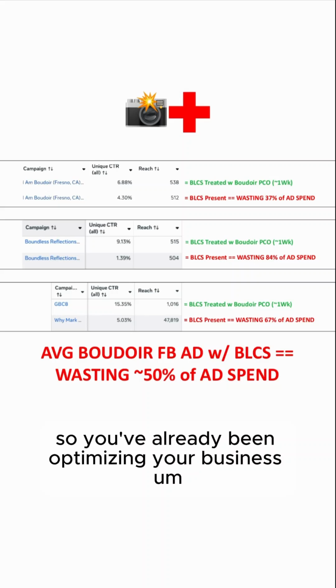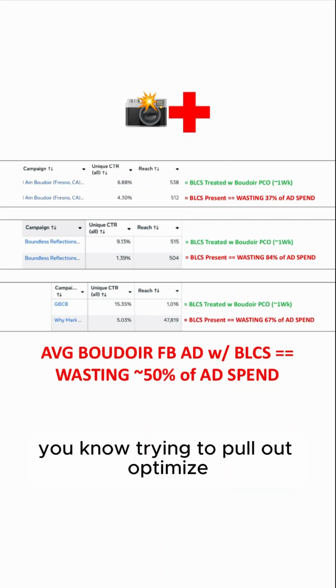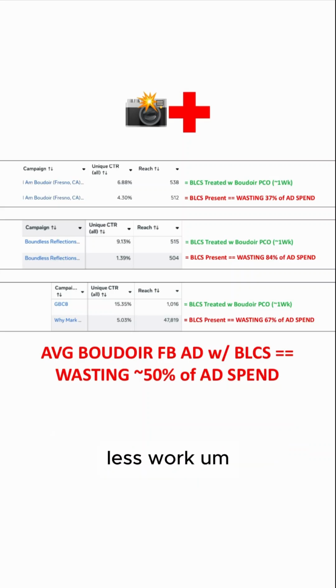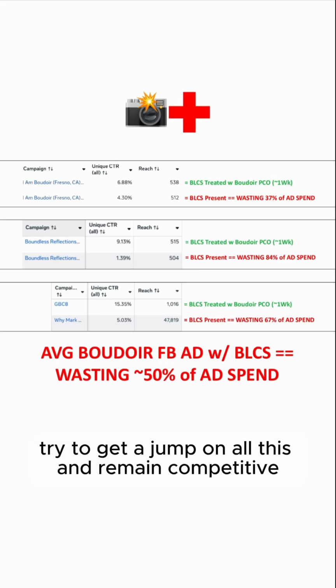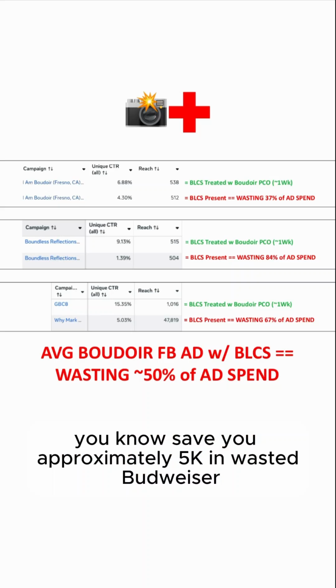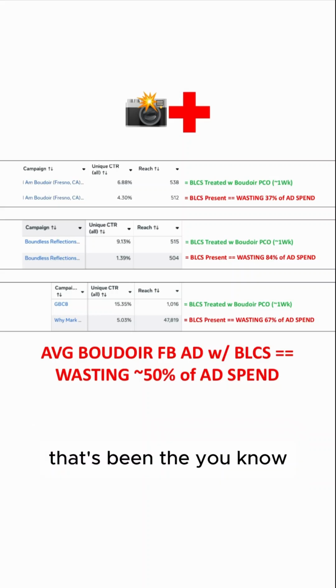So you've already been optimizing your business, trying to pull out more profit for ideally less input, less work, trying to get a jump on all this and remain competitive. And you see Boudoir Pico can save you approximately 5K in wasted Boudoir ad spend.